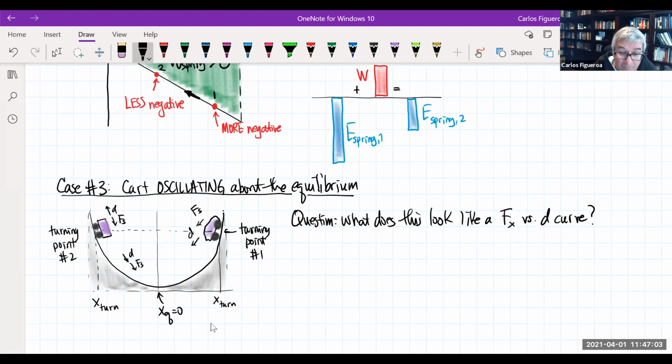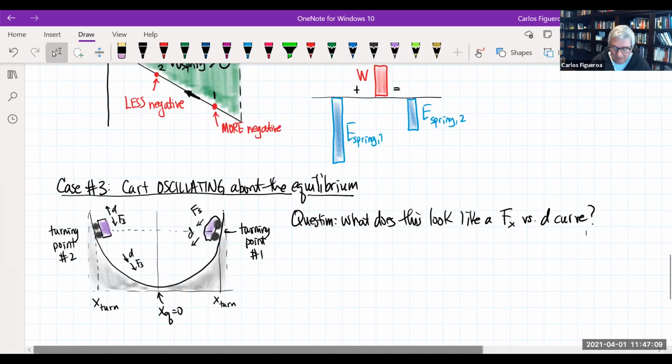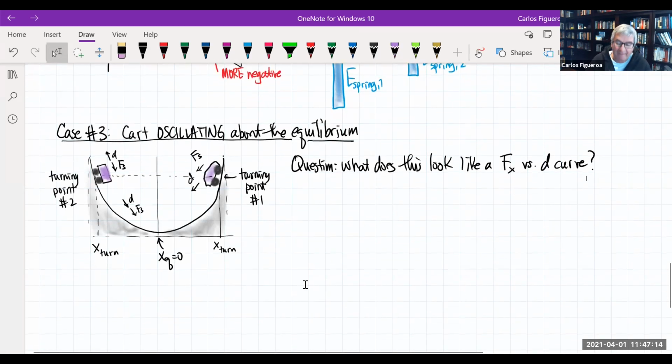So then I should have a positive slope. That came out really wrong. Maybe I can do a do-over and scratch what I just said. What I really mean is that the force is positive. The slope is still negative, but the force is positive, because now I have X in the negative direction.